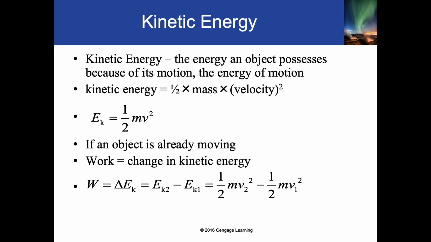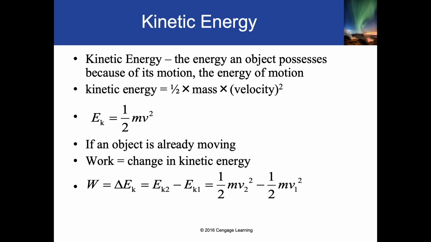Because the rest of the stuff stays the same. The 1/2 stays the same. The mass stays the same. I mean, the object didn't lose any mass when it was moving. So the only thing that's different here is going to be the velocities. And assuming that the initial velocity is different from the final velocity, right? Okay.